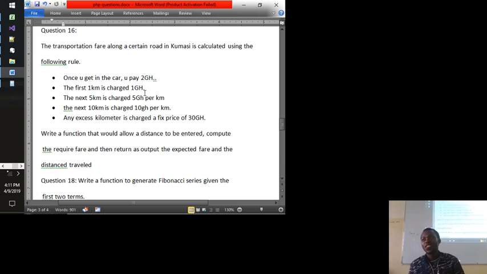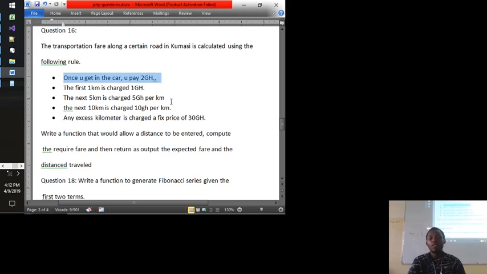Come again. Yes, the 5 kilometers. Yeah, if you cover that full, you pay 25. Yes, 2 cedis, that's 2 cedis.